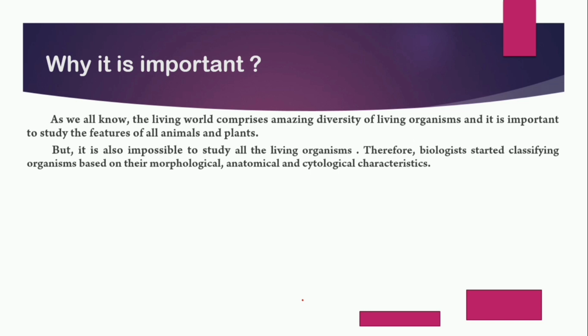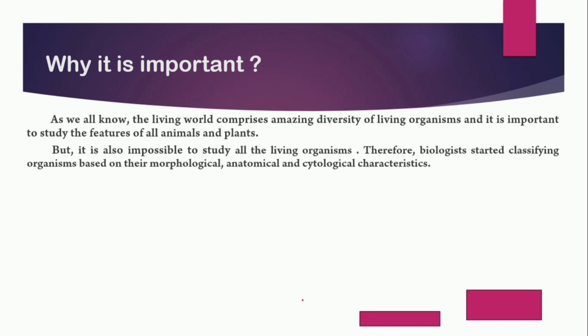So, we have such an amazing diversity. And we have to learn the features of those animals and plants, not all of us, but the person who is pursuing this particular subject. At the same time, it is impossible to learn all the features of all kinds of animals and plants, all the living organisms, at a time.